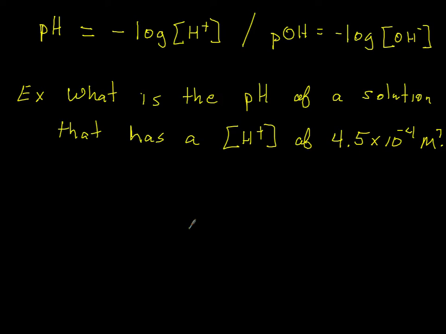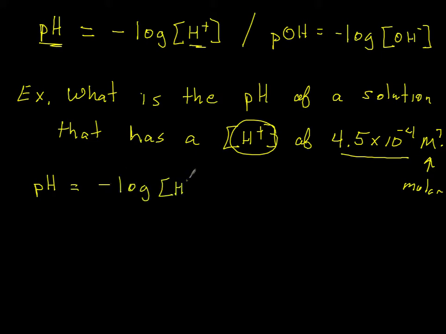All right, so example: what is the pH of a solution that has a hydrogen ion concentration of 4.5 times 10 to the negative 4th molar? Remember from last unit that molar is molarity, which is concentration. Because we're looking for pH and we have the H concentration, we use the pH formula. pH equals negative log of the H concentration.